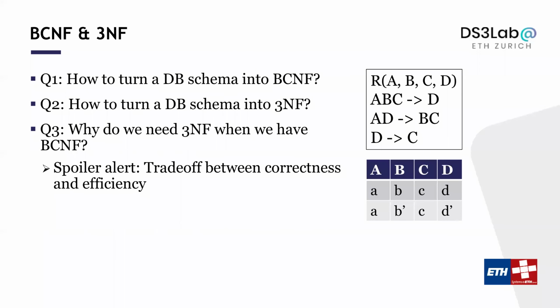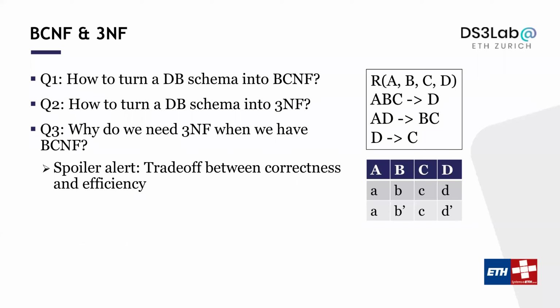Now we talk about the third normal form and the BCNF, so there are multiple questions that we are curious about. The first question is, if you give me a database schema, how can we turn that into something that satisfies BCNF?